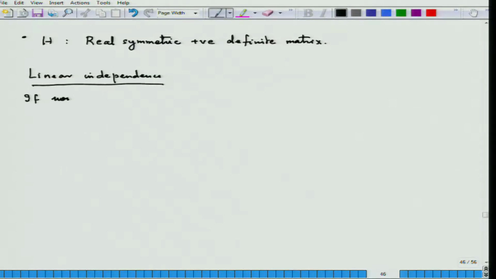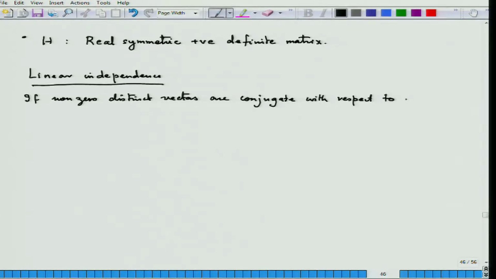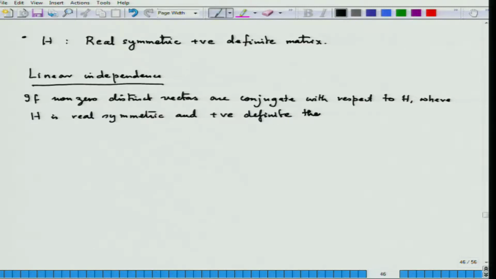If non-zero, distinct vectors are conjugate with respect to H, where H is real symmetric and positive definite, then the set of vectors are linearly independent.